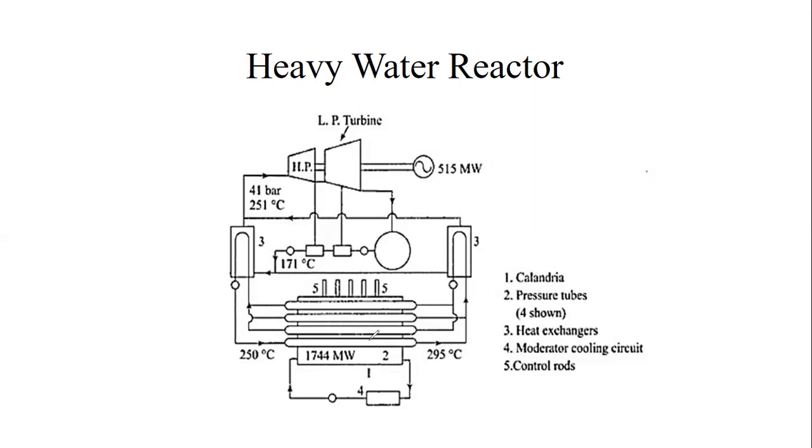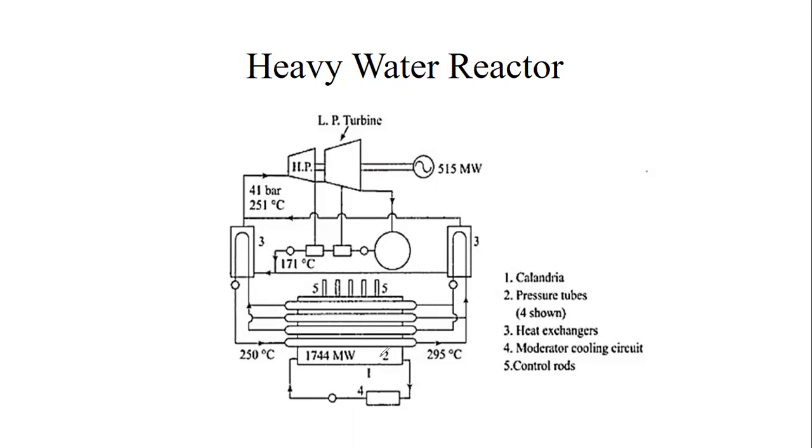It contains horizontal pressure tubes. These are the horizontal pressure tubes which are welded at the tube sheets at each end of the vessel. The moderator temperature is maintained at about 70 degrees Celsius.